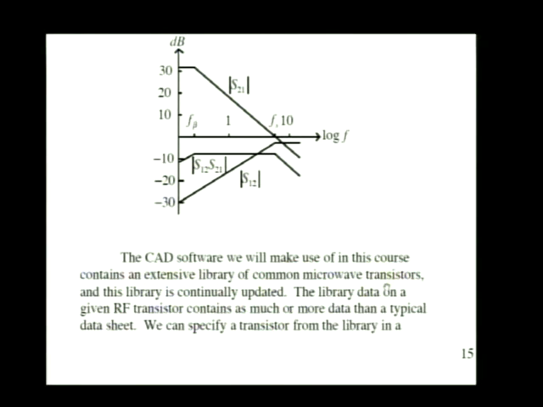And the scattering parameters that are cataloged in this library are scattering parameters that are measured for a large range of frequencies. So you specify your frequency of operation, and the ADS software will pluck out of that database the appropriate values of the scattering parameters at that particular frequency.